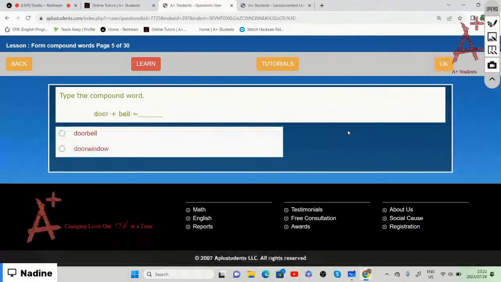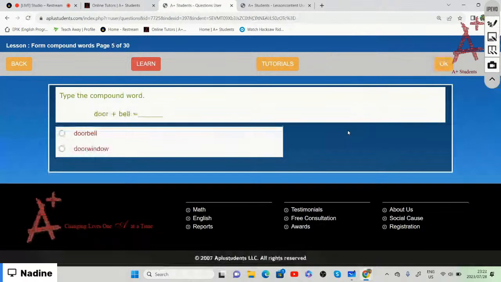Door plus bell. Two small words that stand on their own, and we need to combine those two words, which is door plus bell, in order to get the correct compound word.